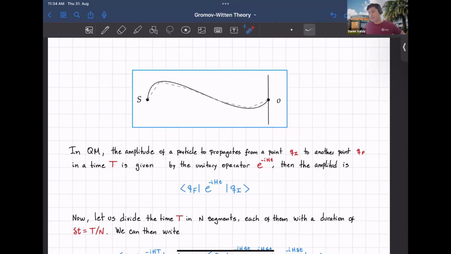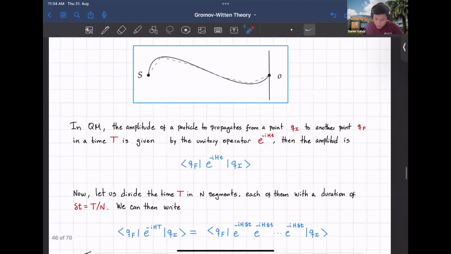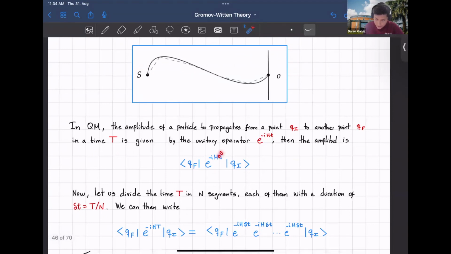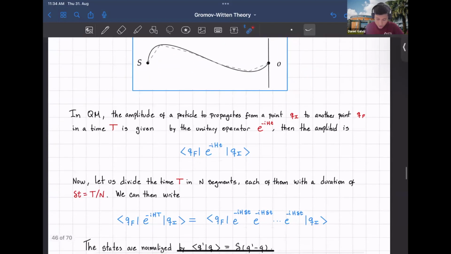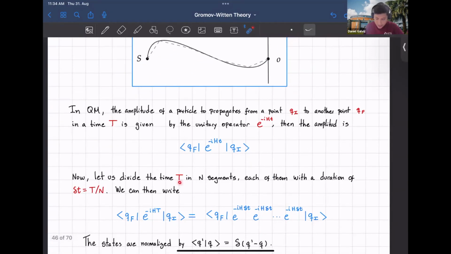I hope everyone is familiar with this, but if you are not, then just believe me, and maybe you can read some quantum mechanics notes and then come back to this. So we apply this Hamiltonian, which I'm not specifying yet. But now let us divide the time, because we want really small segments.